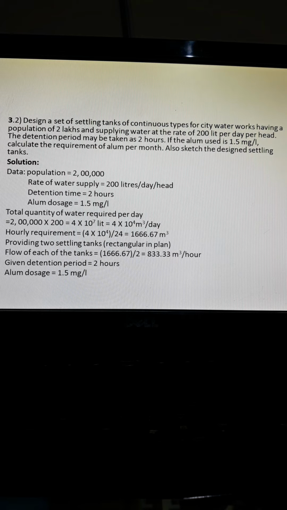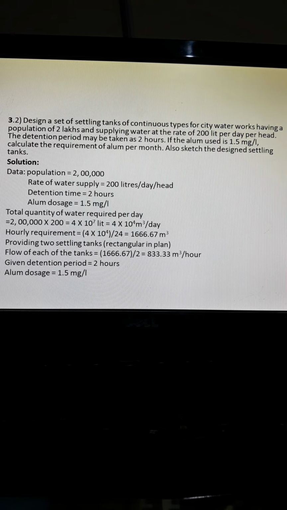We are asked to design a set of settling tanks of continuous type for a city waterworks having a population of 2 lakhs and supplying water at the rate of 200 liters per head per day.